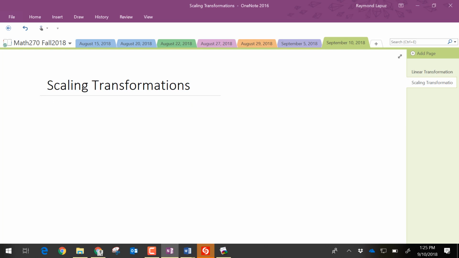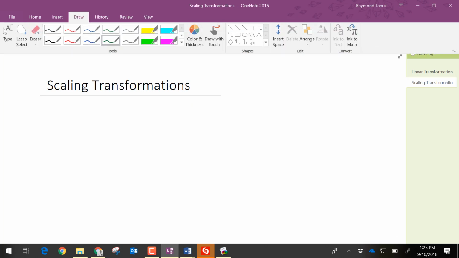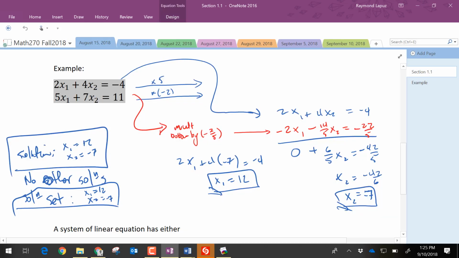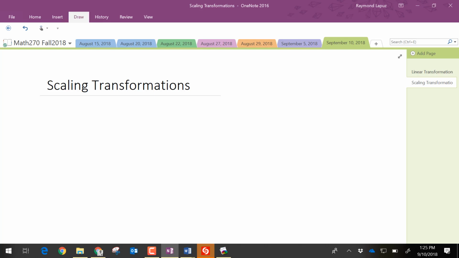I'm just going to call everything T. The basic scaling transformation is multiplying your input by a scalar, one scalar, and that would make everything go larger or smaller depending on if c is bigger than 1 or less than 1.